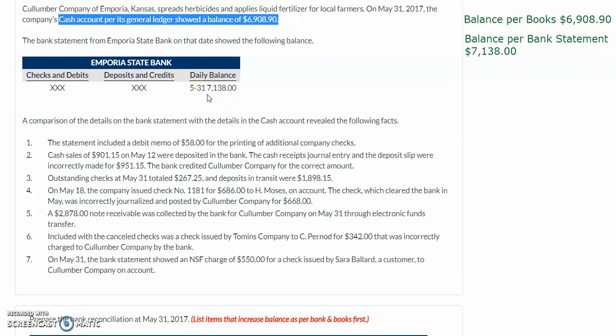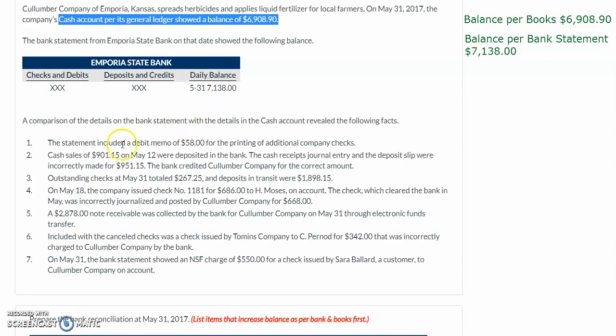So the balance per the bank statement on May 31st is going to be $7,138. And you can see that there's a difference between these two records, and that's why we need to do this bank reconciliation to identify the reconciling items to arrive at the correct cash balance.